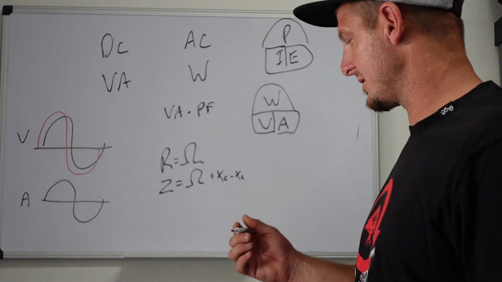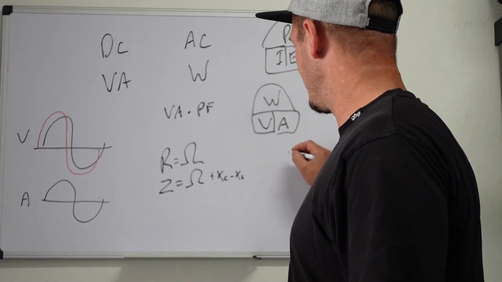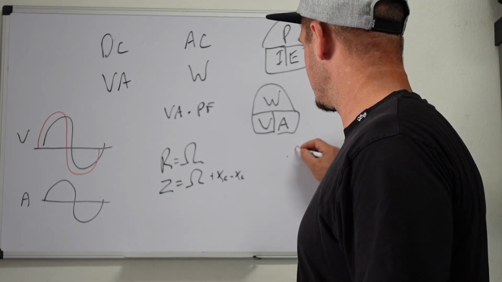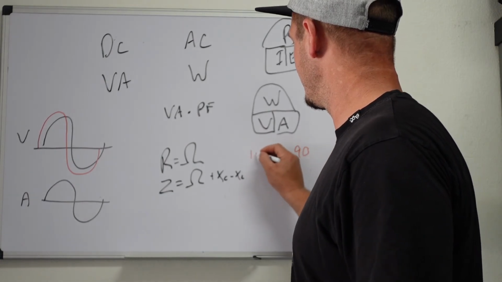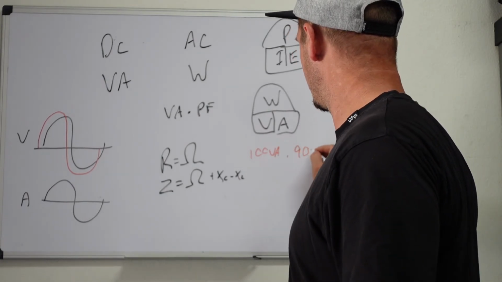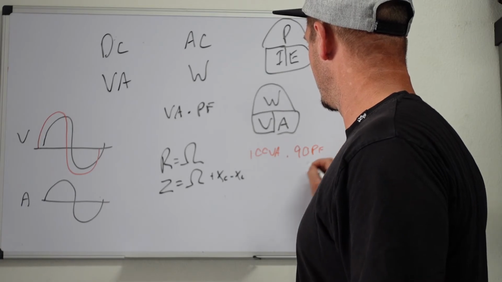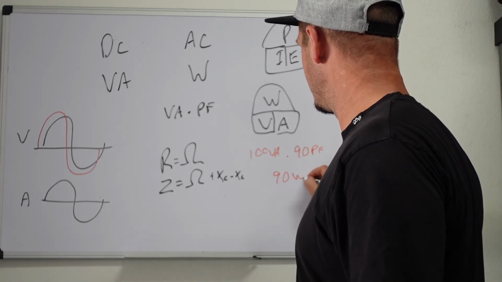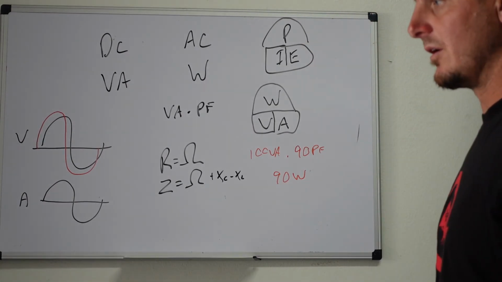And that power factor adjustment is going to be in a ratio expressed by a decimal. So let's say it's 0.9 and you have 100 VA, right? Power factor's there. You're then going to only be using 90. It's only going to be 90 watts.